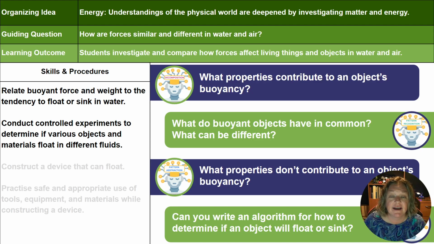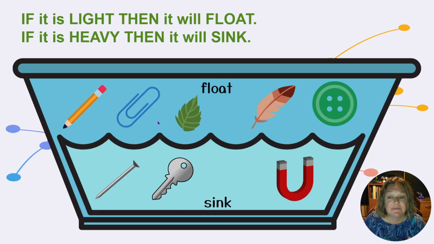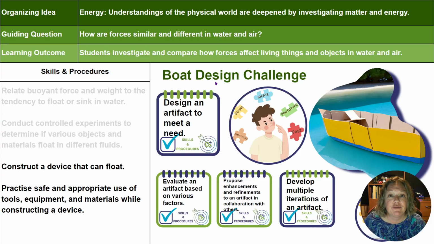And then just as with the other concepts, you have the opportunity to pull this into some further activities. If we were sorting things out, here's an example of those algorithms. If it is light, then it will float. If it was heavy, then it will sink. Some sort of generalizations. And then we can move further into doing a design challenge where, again, we're going to meet this objective of constructing a device that can float.